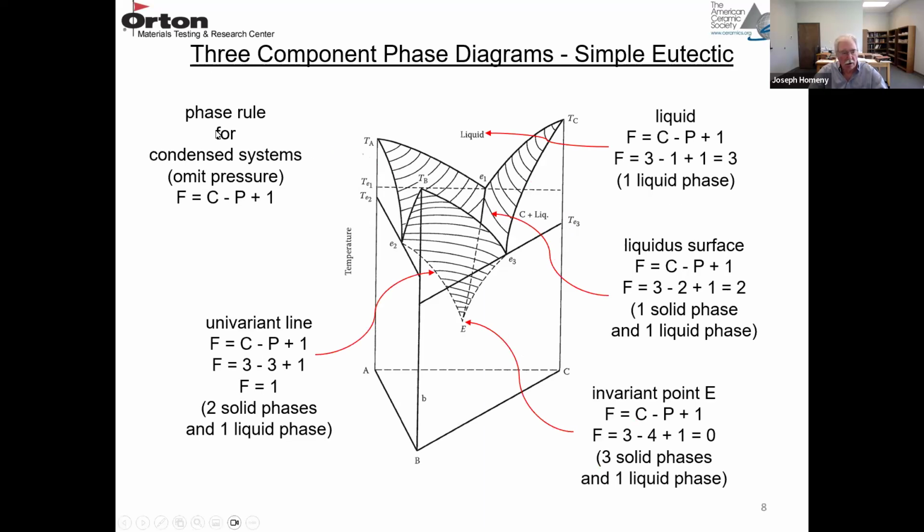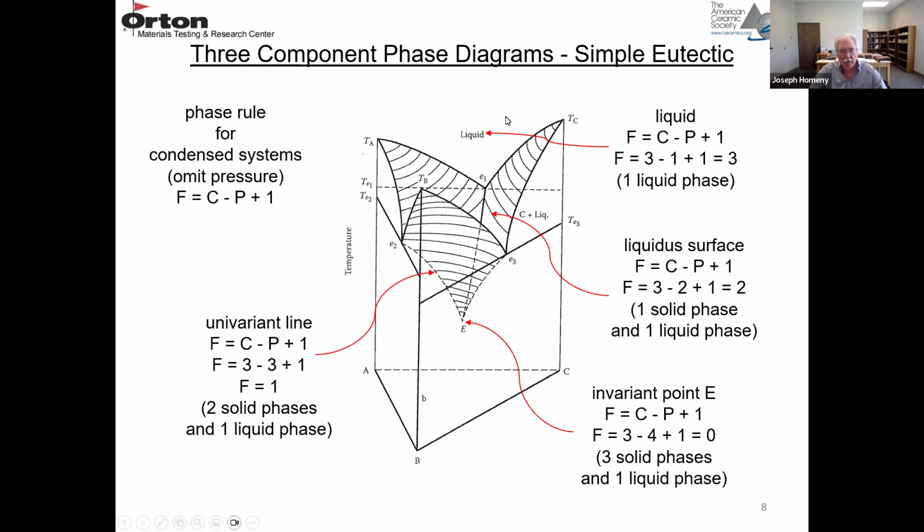So if we look at our phase rule for this three-component phase diagram, we're going to omit pressure. So our phase rule reduces to F, the degrees of freedom, equals the number of components minus the number of phases plus 1.